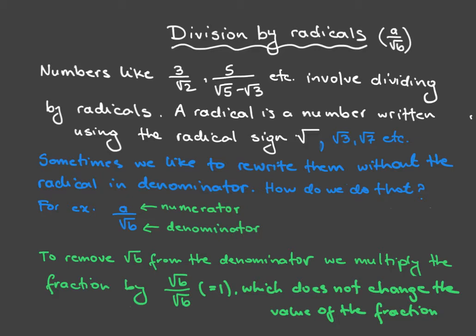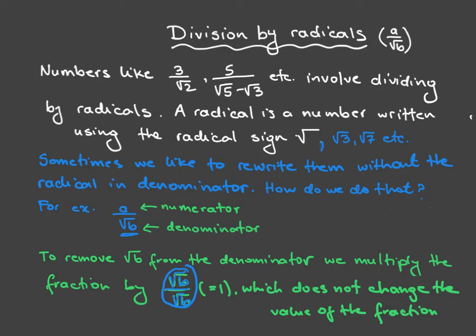So how do we remove the radicals from the denominator? We're going to multiply this fraction by square root of b over square root of b. Please note that we are multiplying by whatever radical we have in the denominator.